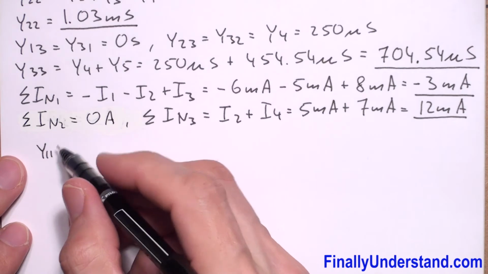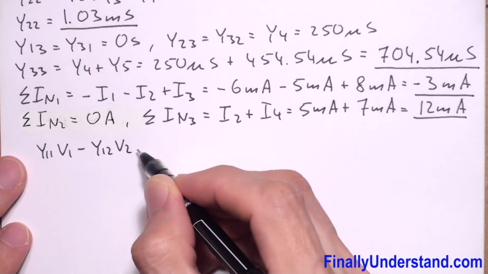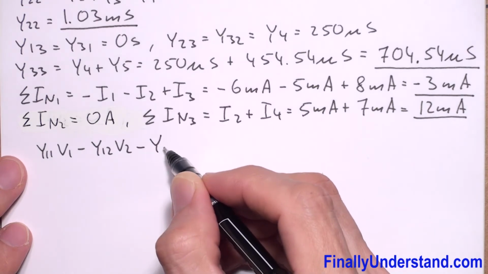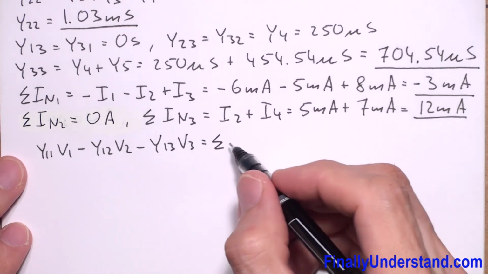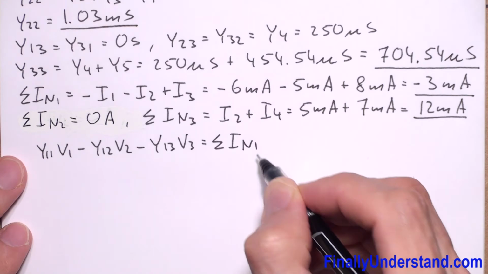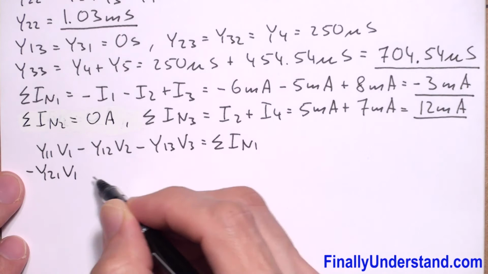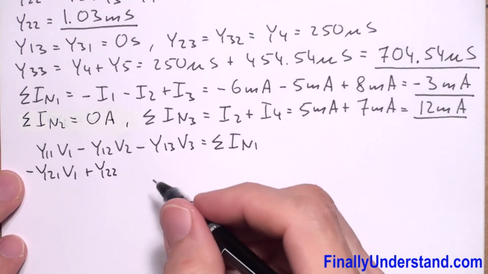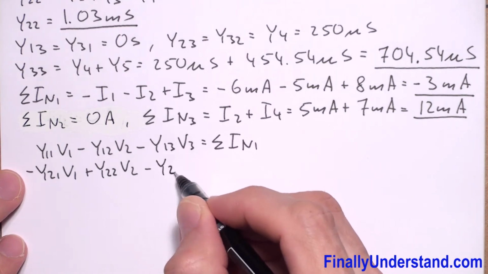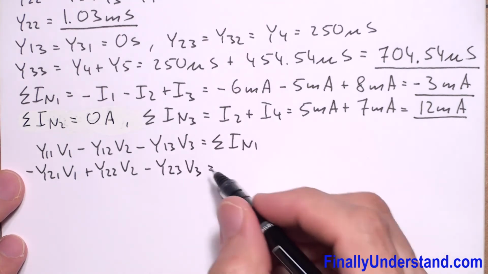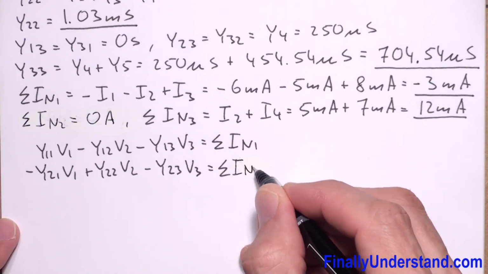So I have Y11 V1 minus Y12 V2 minus Y13 V3 is equal to the sum of the currents going to node 1. Negative Y21 V1 plus Y22 V2 minus Y23 V3 is equal to the sum of the currents going to node 2.